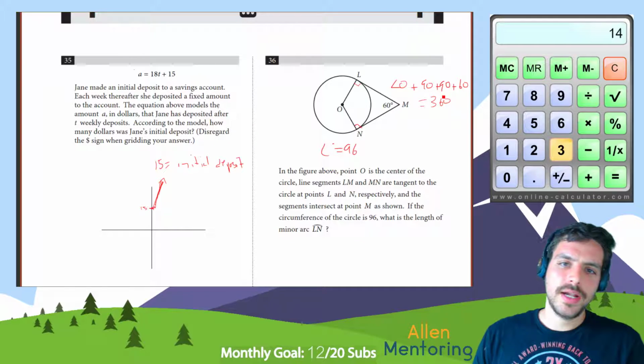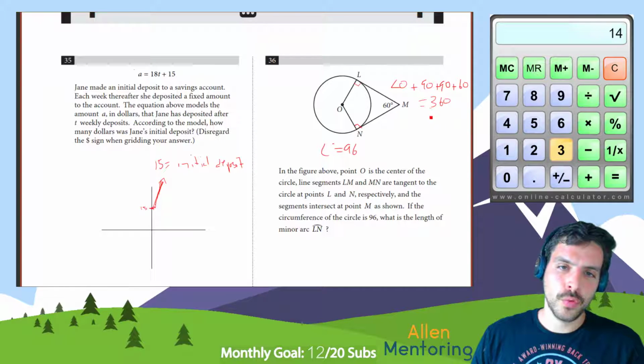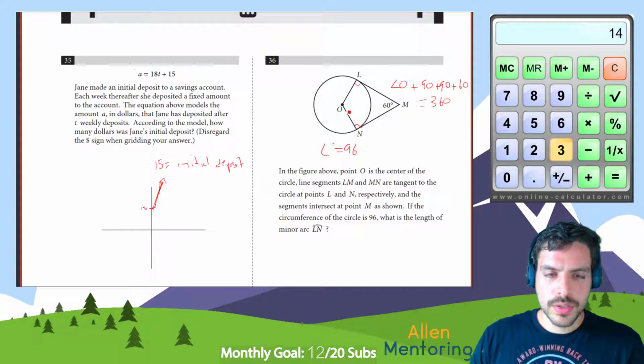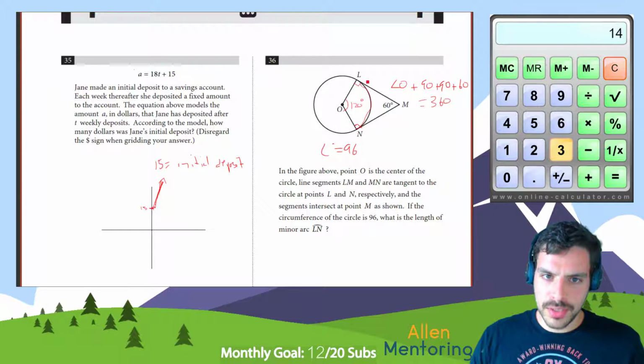Well, we see 90 plus 90 is 180. 60 plus 180 is 240. So O is equal to 120 degrees. And if O is equal to 120 degrees, so is right there. That is the worst arc drawing ever, but you see what I mean. LN is also 120 degrees.